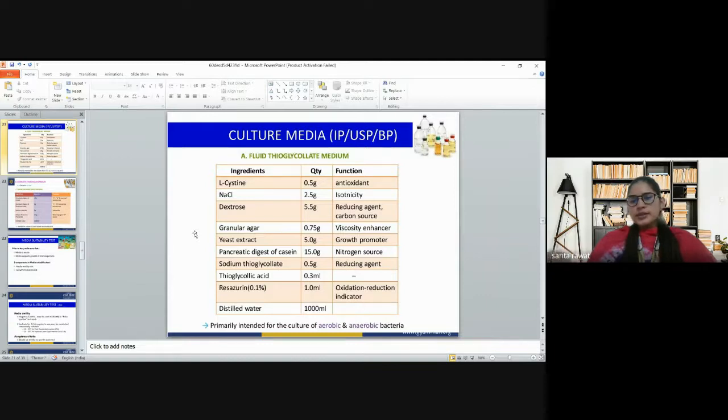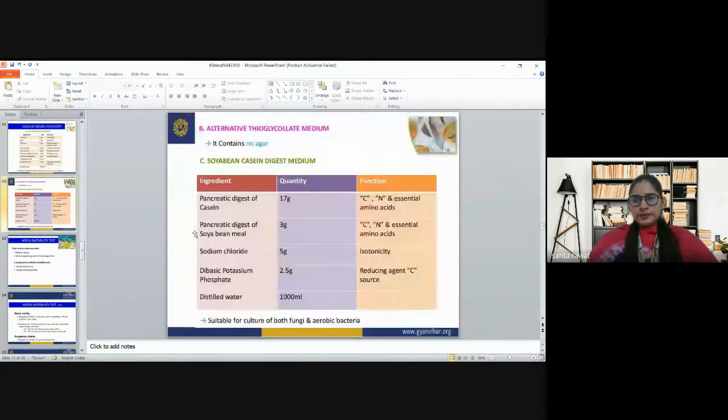We also use thioglycolic acid, 0.3 ml, and distilled water, 1000 ml. It is primarily intended for the culture of aerobic and anaerobic bacteria. So this is according to the IP, USP and BP.